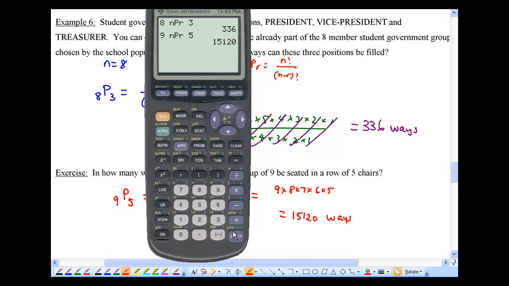I got 15,120. If that's what you got, we're both on the same page. Let's move on.